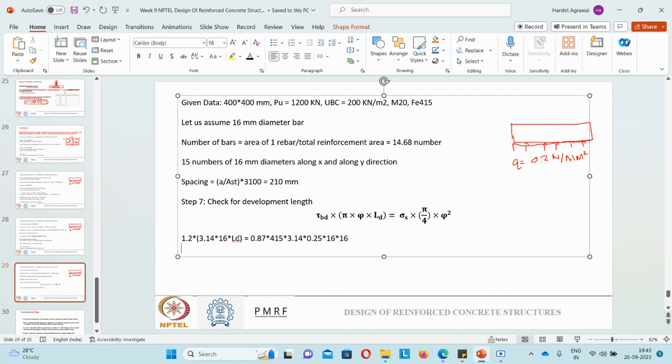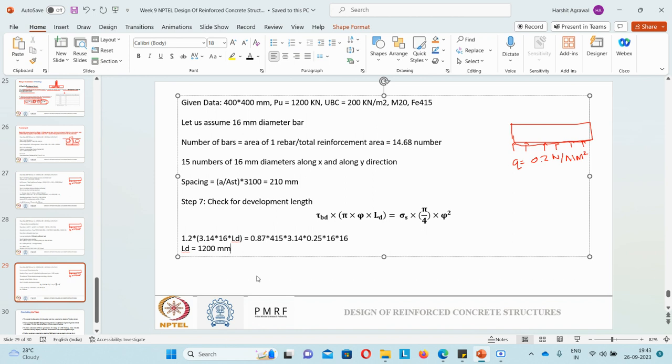So using this, we can calculate development length, and it will come out to be, just let me do the calculation, roughly 1200 mm. So this is the development length that we need to provide.